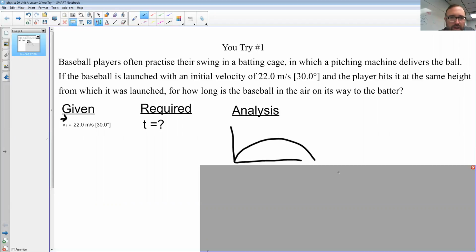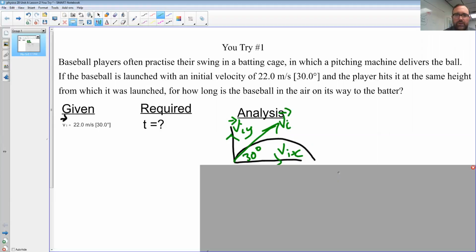In it, we will have v_iy, that's your velocity, and then a v_ix also exists here, and this makes a 30-degree angle. In the end, we are looking for v_i. So with this, we know that both values are positive.